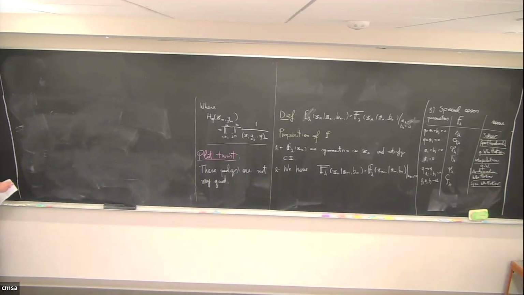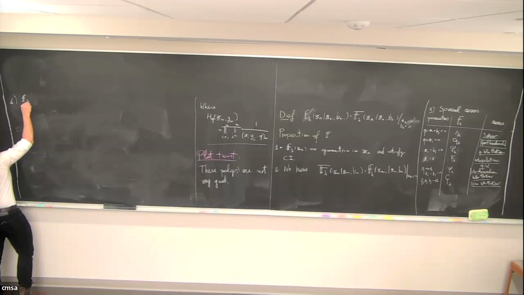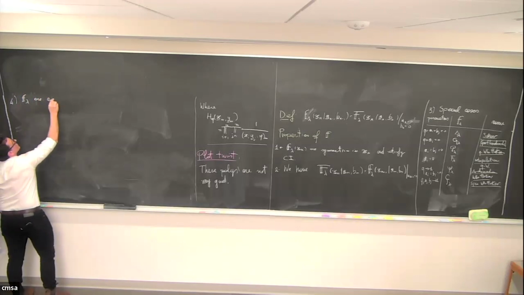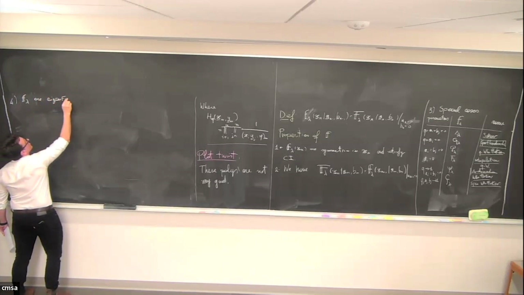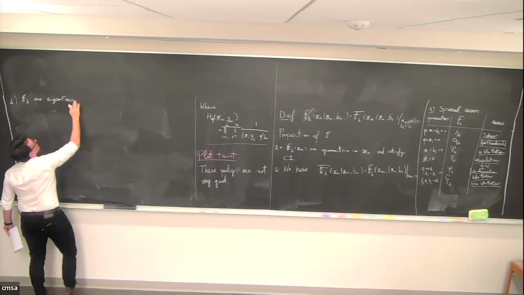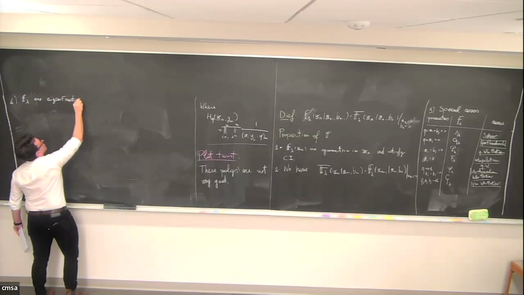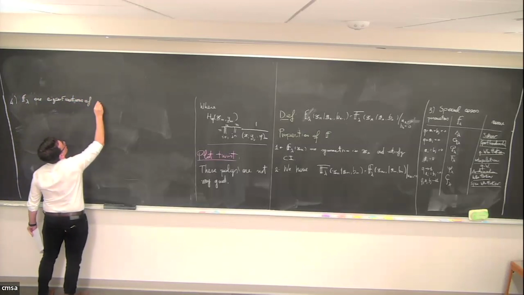Number 4. So this is something already non-trivial. The f_lambdas are eigenfunctions of q-difference operators.